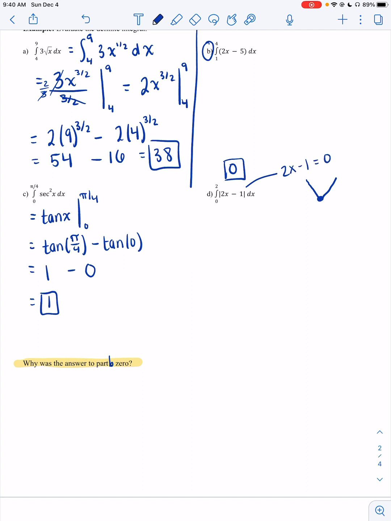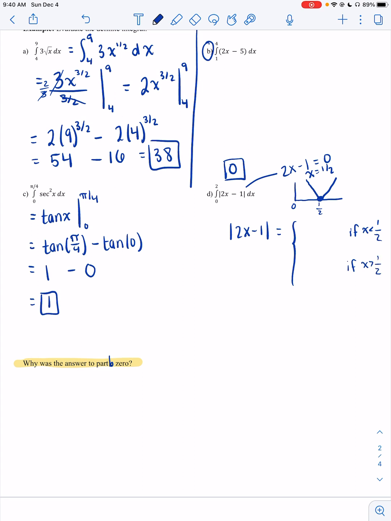Okay, so I'm going to set the function equal to 0, and I get x is 1/2, which tells me that the pointy piece is happening at the x value 1/2. That's where I'm going to split up. When I write my absolute value function, I'm going to have one thing if x is less than 1/2, and another if x is greater than 1/2.